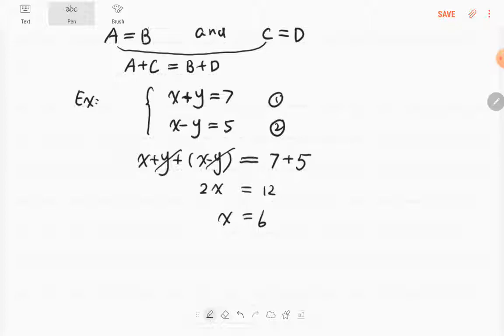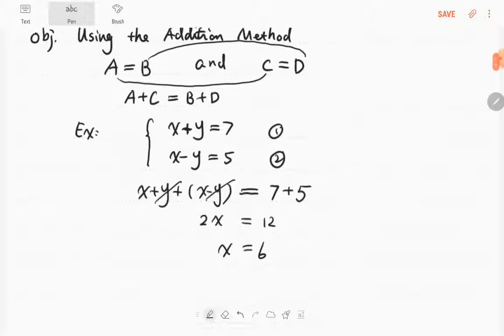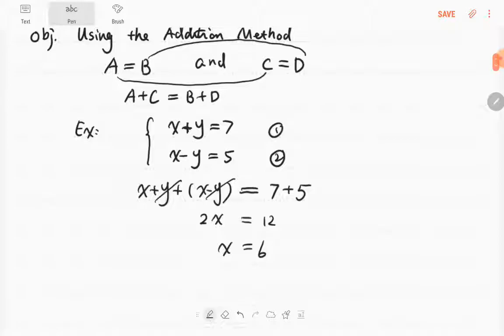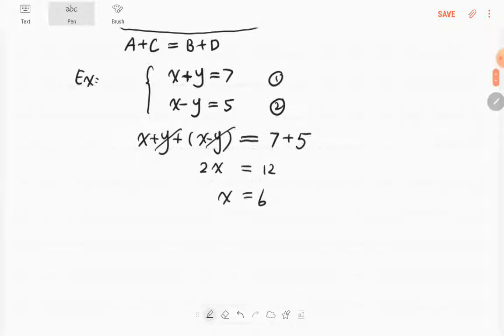If we choose the substitution method, we use one variable to replace another variable. In the addition method, we just add them up, trying to eliminate one variable. So let's check. If we know the value of x, we go back to any one of the equations. Then we can solve for y. So we put x equal to 6 into the first equation.